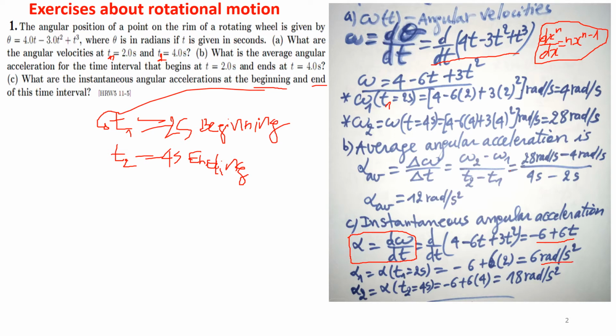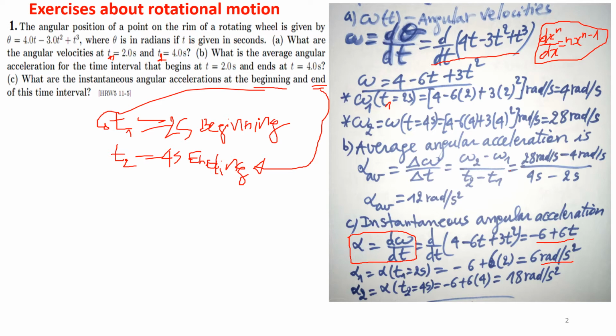Then we are asked to find instantaneous angular acceleration at the end point of the interval. The end point is when the time t equals 4 seconds. Now we need to find alpha 2, which is equal to the value of alpha when the time t equals 4 seconds.